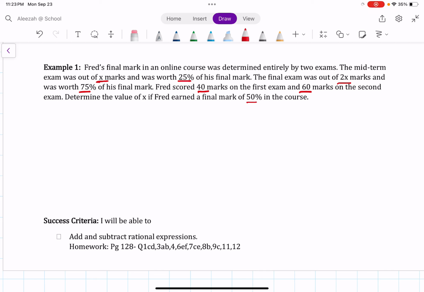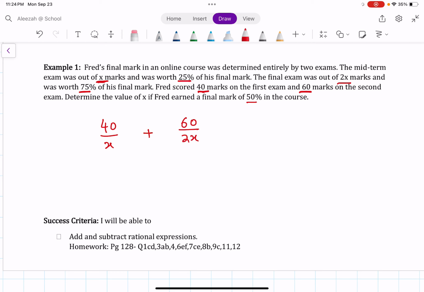Okay, so if you just look at the midterm exam, that is out of x, and he got 40 on that, so it will be 40 over x. Second exam, he got 60 and the exam is out of 2x, right?